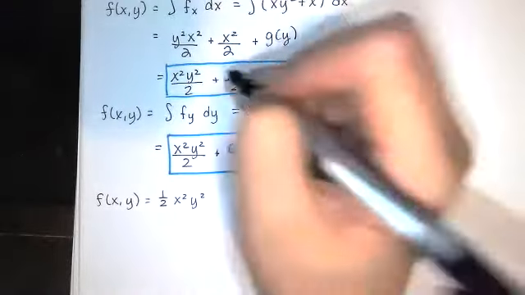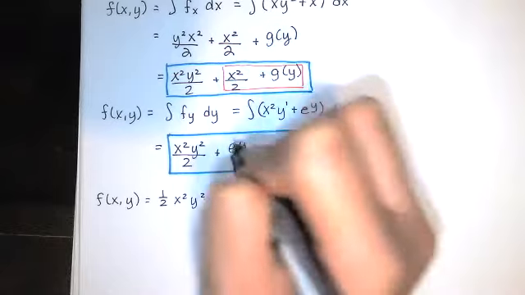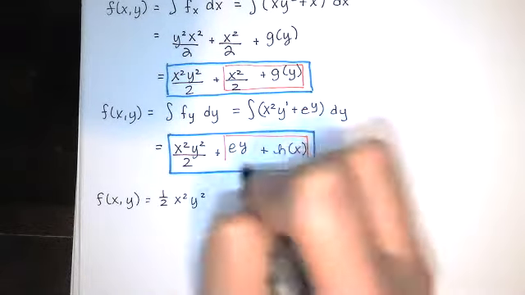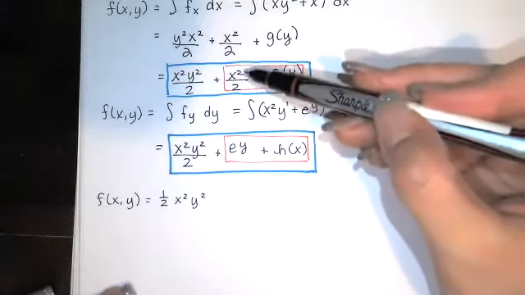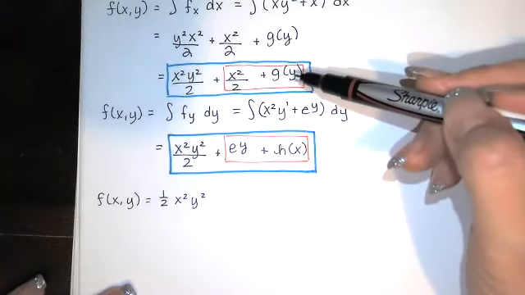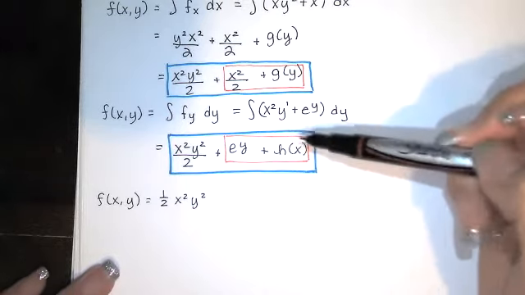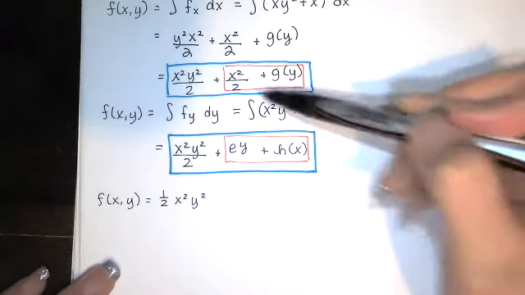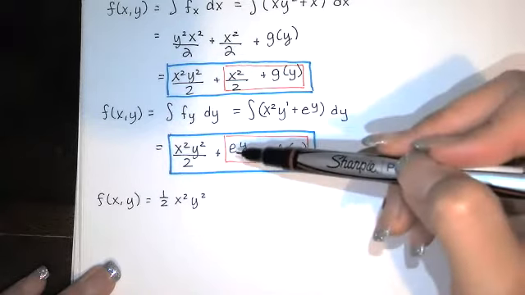They're not actually different, but they look different, and I'll figure out what h of x and g of y must be. Well, this function of x plus g of y must equal this function of y plus h of x. So I think, well, h of x must be the x squared over 2, and g of y must be the e to the y.